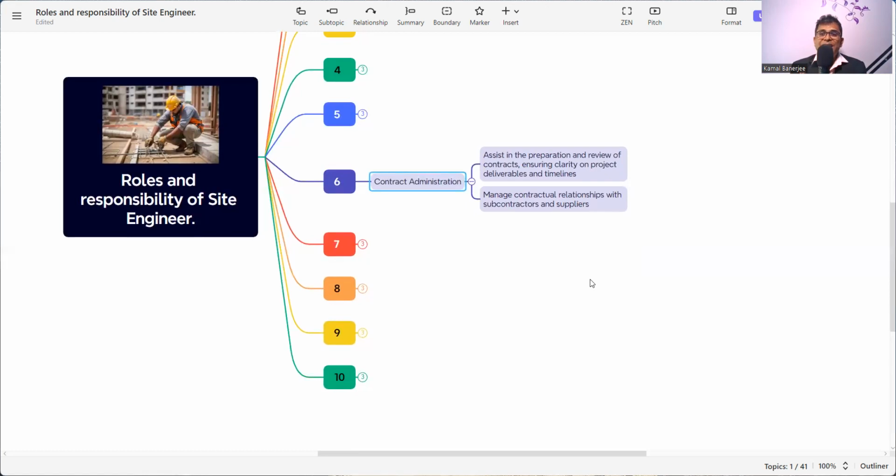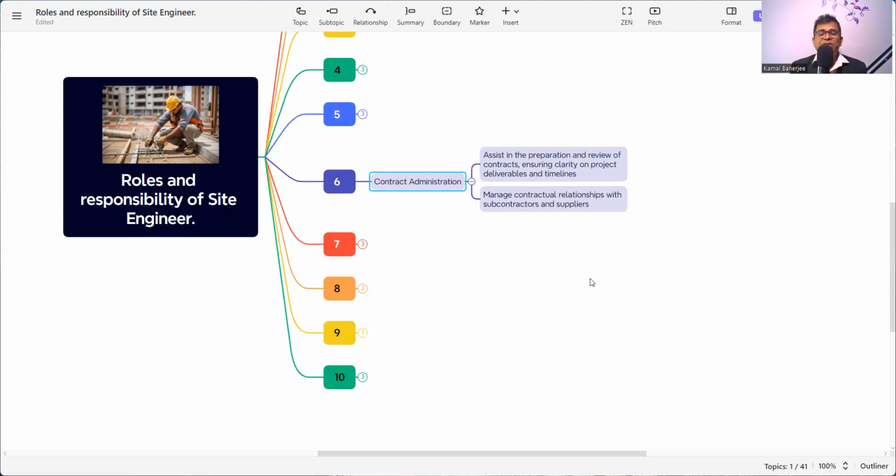See, a project cannot be completed by yourself only. You have the subcontractor, you have the supplier, you have the client, the consultant. So everyone is doing business. So you need to be very careful about the contractual relationships and the contractual requirements of the subcontractor, supplier, everyone, so that the budget or the contract clauses will not deviate or vary, and everyone will be on the same line, so that there will be no variation in the project.